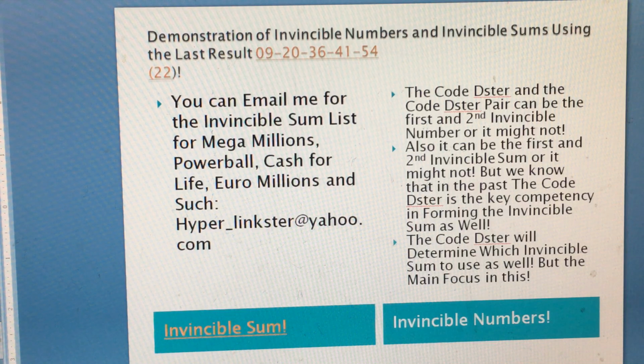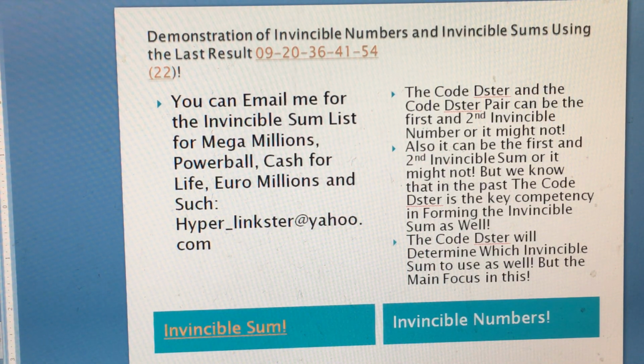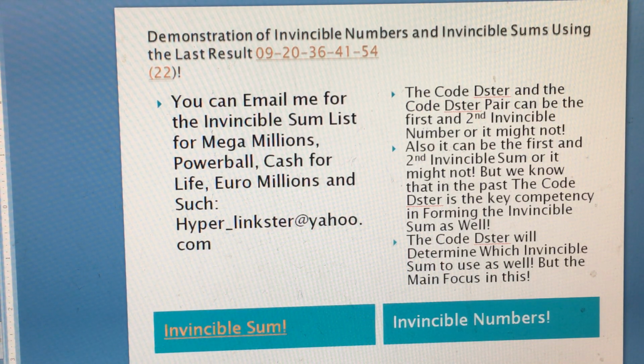Now, the codester and the codester pair can be the first and second invisible number. So the whole illustration part 1 to part 16 all add up with these two latest illustrations, invisible numbers and invisible sums. It can also be the first and second invisible sum, since it's the first and second invisible number.